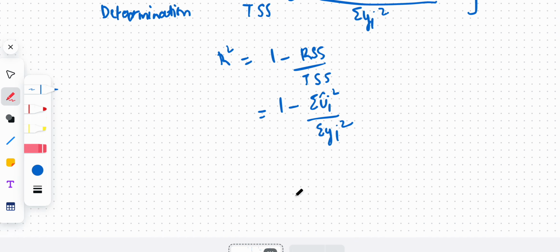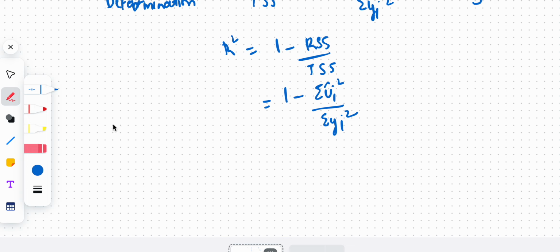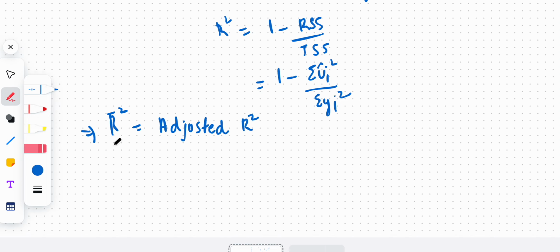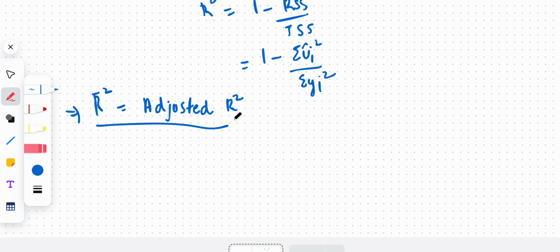Now I have another thing called adjusted R square. Adjusted R square is what is going to be considered first.